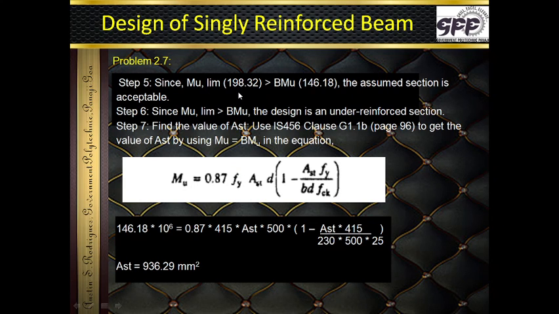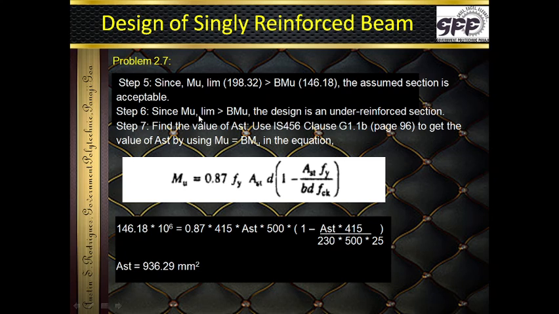Since MU limiting 198.32 is greater than the ultimate bending moment coming over the beam, that is 146.18, that means the assumed sectional data, the width, the depths, that is the effective depth, overall depth, the grade of concrete, grade of steel, everything, all these parameters are acceptable.